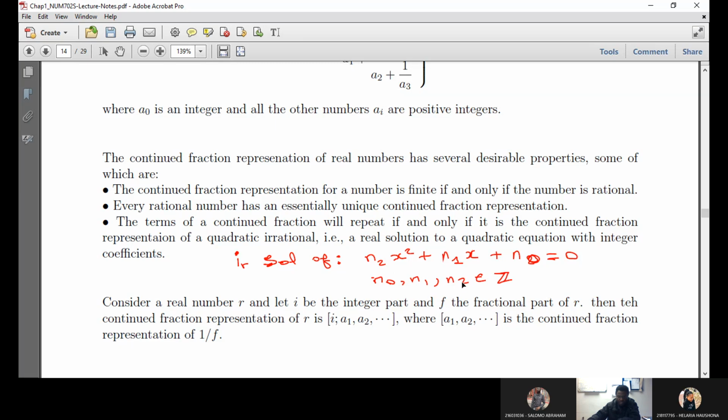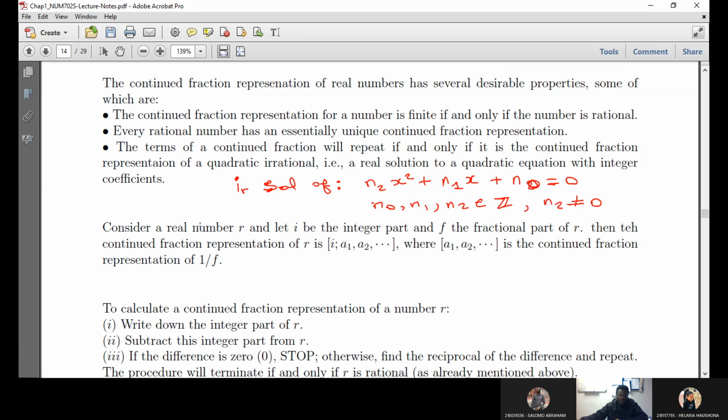Of course, and n2 is non-zero, because if n2 is equal to 0, it's no longer quadratic. So this is what it means. If you have a continuous fraction that repeats, it means that the number you are expanding in continuous fraction form is a solution of such a quadratic polynomial where these coefficients are integers, right? That's what it means.